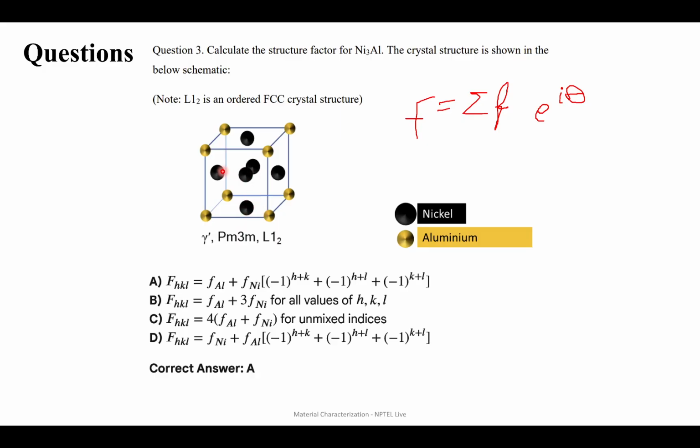And the face centered points are formed by three different cubic lattices. The coordinates of each one would be half, half, 0; half, 0, half; and 0, half, half. If you put half, half, 0 here, for h it will become e^(-iπh), and for k also e^(-iπk), so it will become e^(-iπ(h+k)).